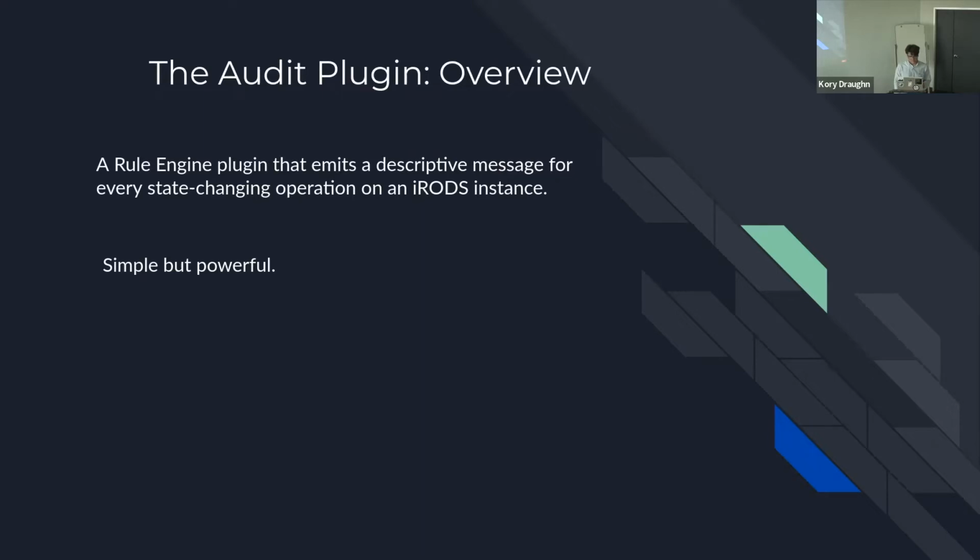By way of an overview, the audit plugin is simply a rule engine plugin that emits a descriptive message for every state changing operation on an iRODS instance. The idea, in both concept and implementation, is pretty simple but powerful in the sense that it enables you to have a full picture of what's happening on an iRODS instance at any given time.